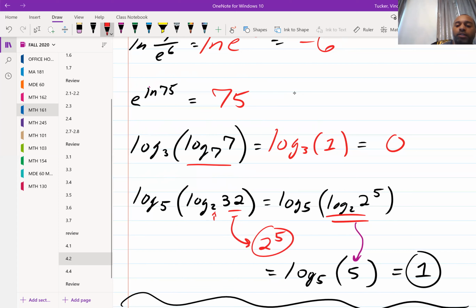That reduces down to just 5. Then log base 5 of 5 is 1. All right, any questions?